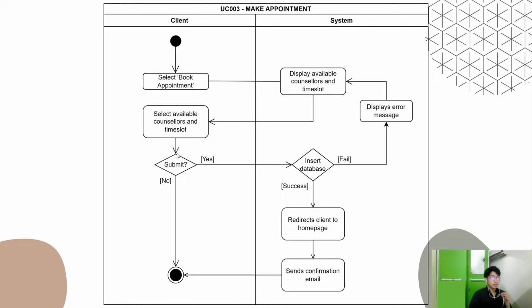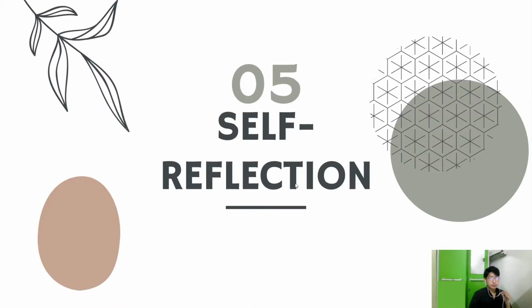If they do submit, the system will perform the insert database process. If it fails, the system will display an error message and display the available counselors and time slots again. If it's successful, the system will redirect the client to the homepage and send a confirmation email to the client, and then the activity ends.